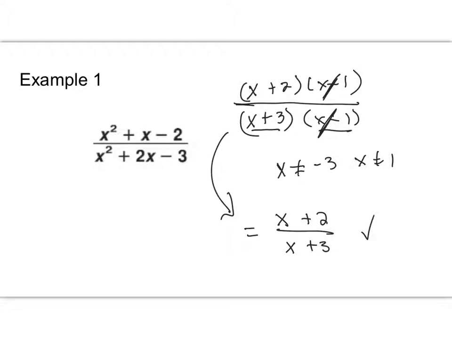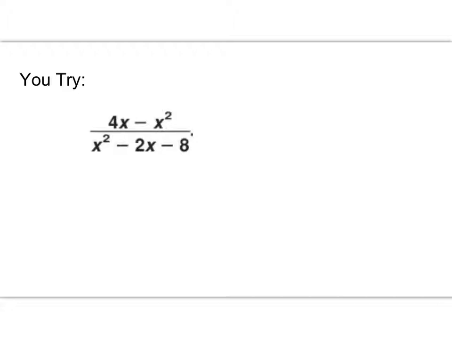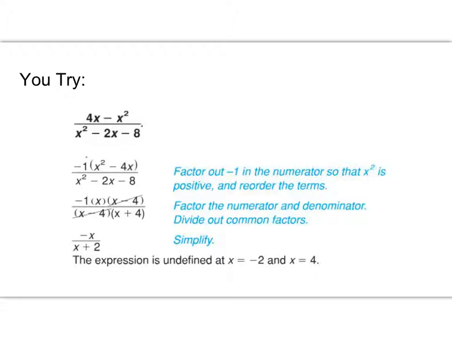Now here's going to be one for you to try. Go ahead, stop this, and when you're ready, turn it back on and check your answer. Okay, hopefully you were able to see that you needed to factor your numerator and your denominator. If you factor out a negative 1 in the top, you should end up with x squared minus 4x. You could factor out an x from that top, and you would get x minus 4.